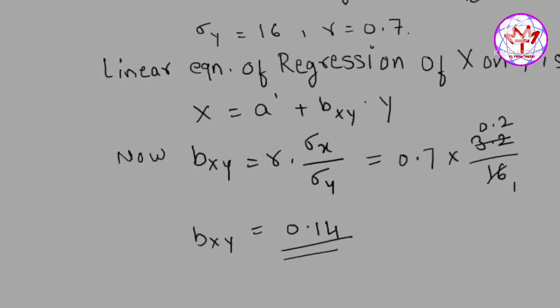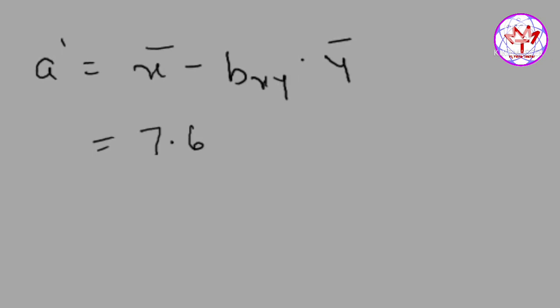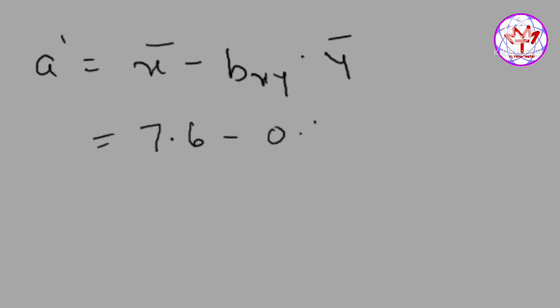Now let us find a dash. A dash is equal to x bar minus bxy into y bar. Now what is x bar? X bar is equal to 7.6 minus bxy, we have got 0.14 into y bar.